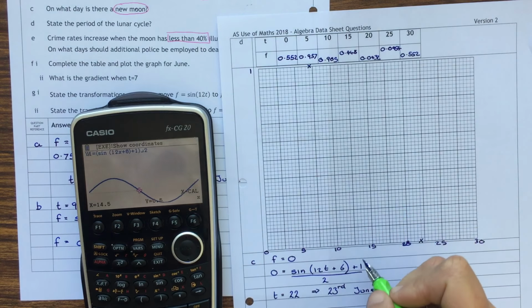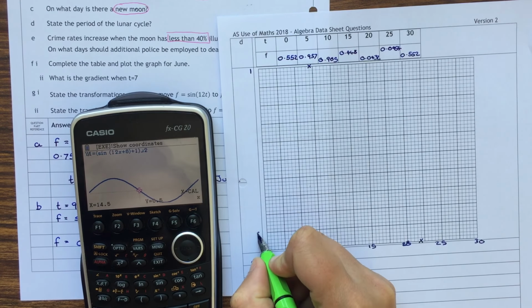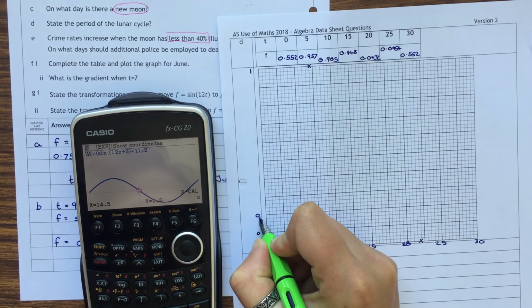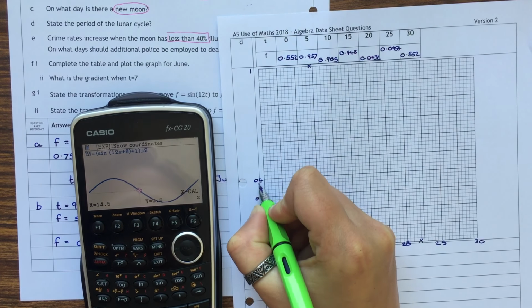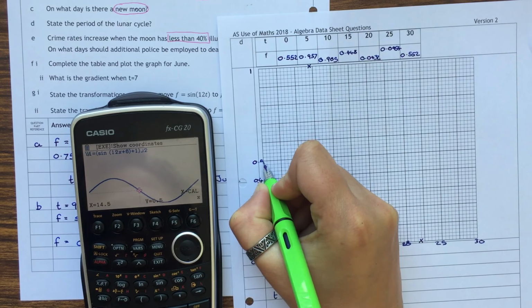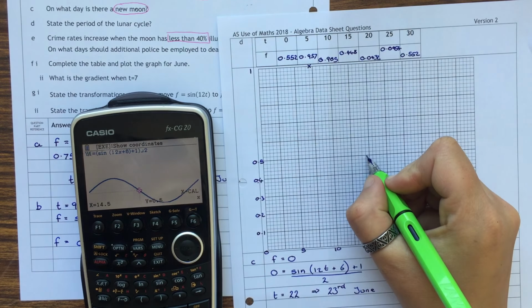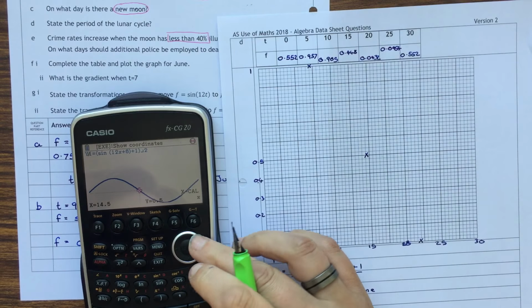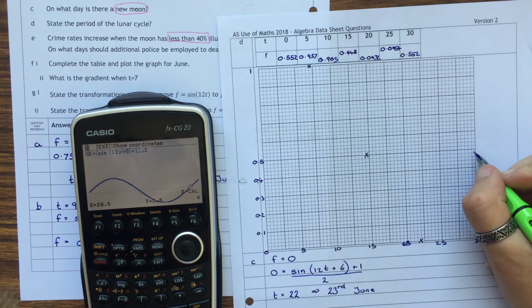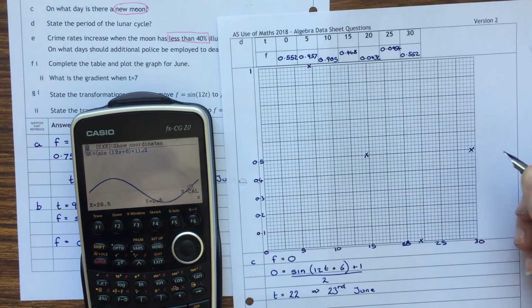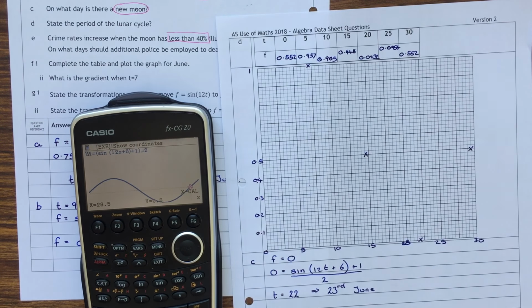So we've got 14.5, so that's at 0.5. Okay, so that's 14.5. And the next one is at 29.5. Okay, so those are going to be the key ones that need to be in the right place, as well as the points that we've actually been asked to plot.